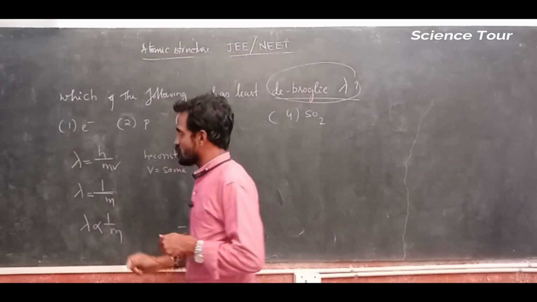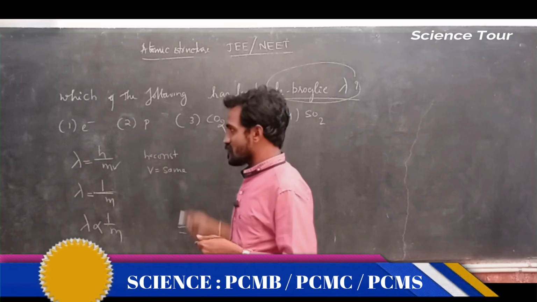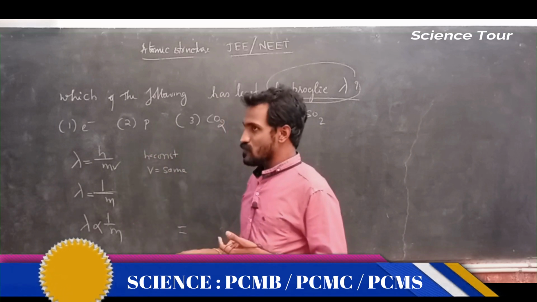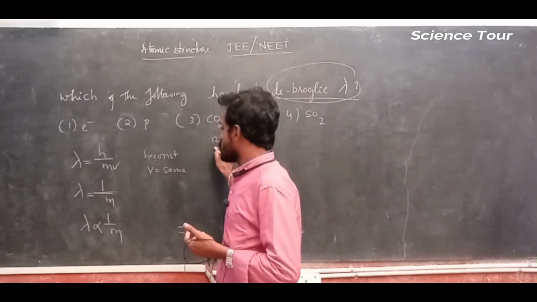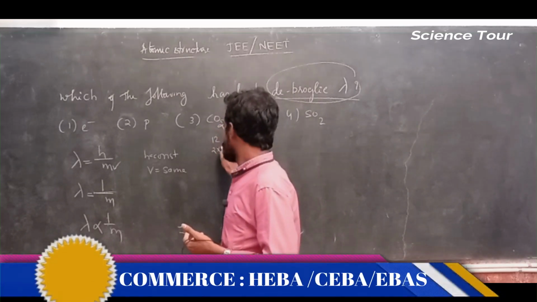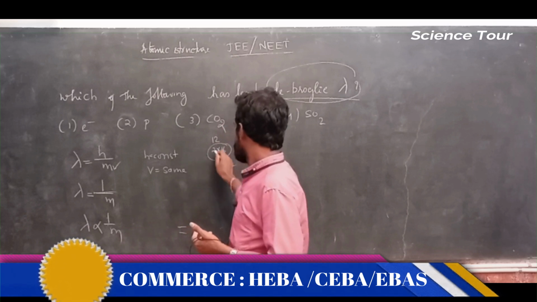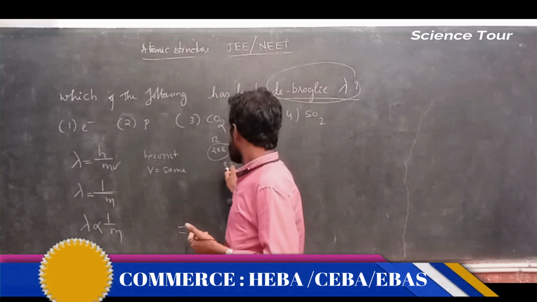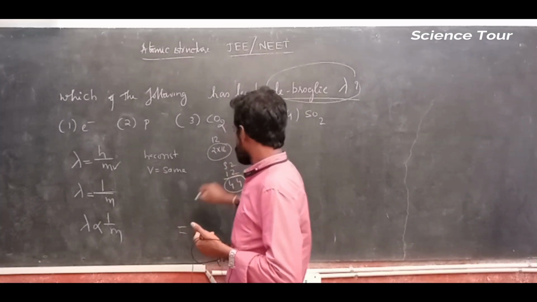Here which one has the highest mass? Proton, electron you know, 9.1 something, proton you know, but carbon dioxide mass you can calculate: 12 plus oxygen 2 into 16, 44, correct?